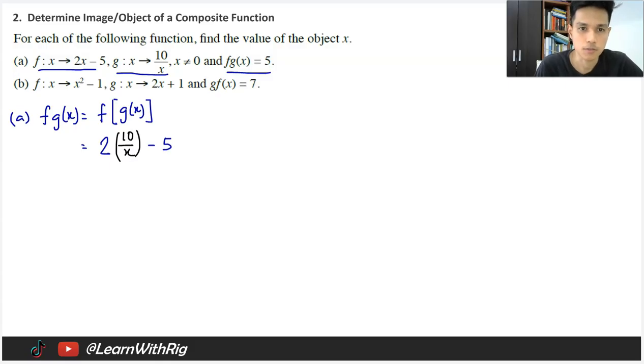Okay, so when you expand, it's going to become 20 over x − 5. So they already gave you that gf is equal to 5. So this is going to be equal to 5. So 5 + 5, you get 10 equals 20 over x. And x is going to be equal to 20 over 10, which is 2.